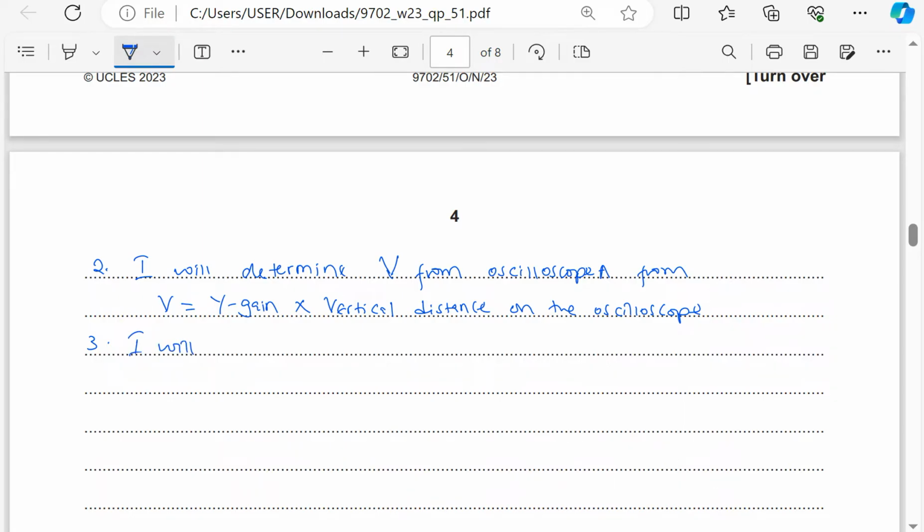I will determine F from oscilloscope A, then from F is equal to 1 over period, and remember the period equals the time base setting times horizontal distance.